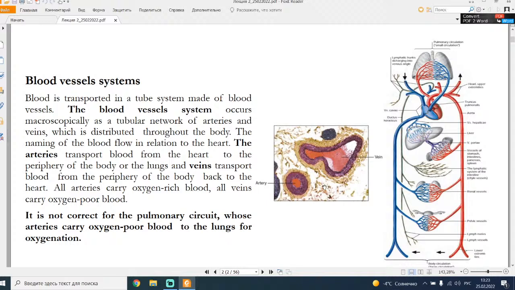Blood vessel system. Blood is transported in a tube system made of blood vessels.